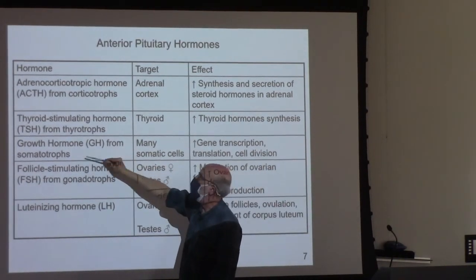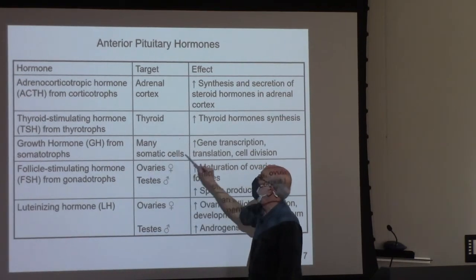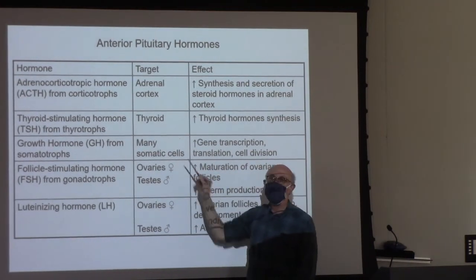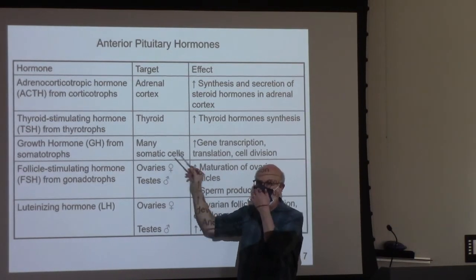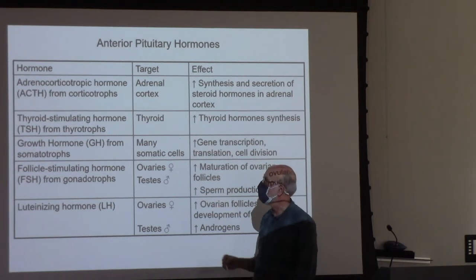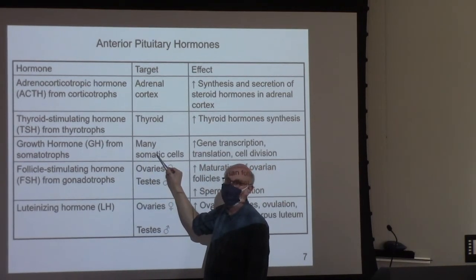Growth hormone from the somatotropes of the anterior pituitary has many effects on the soma, by somatic I just mean the body, many effects all over the body. The receptors for growth hormone are expressed everywhere.